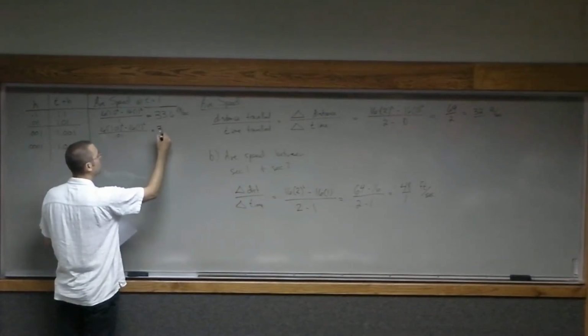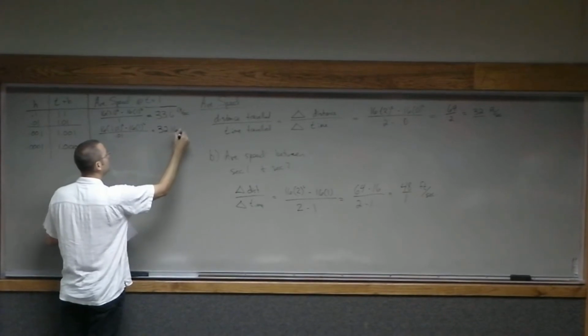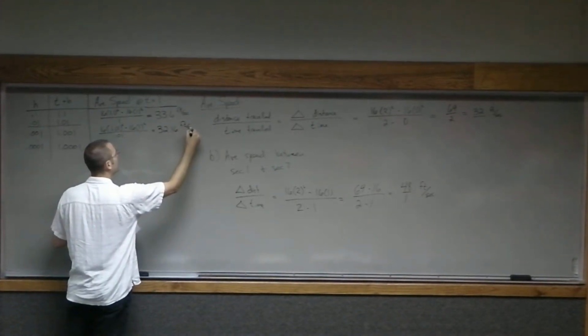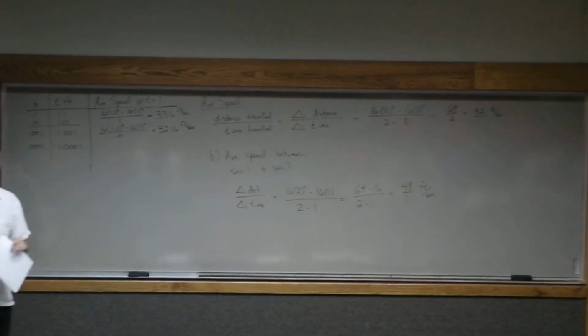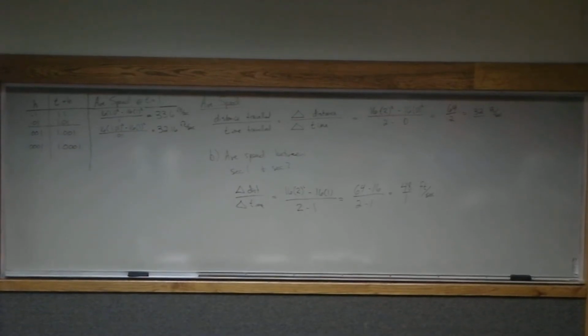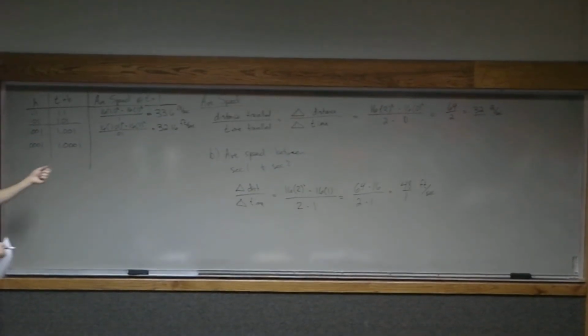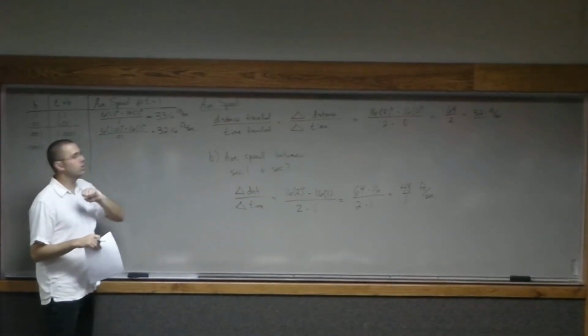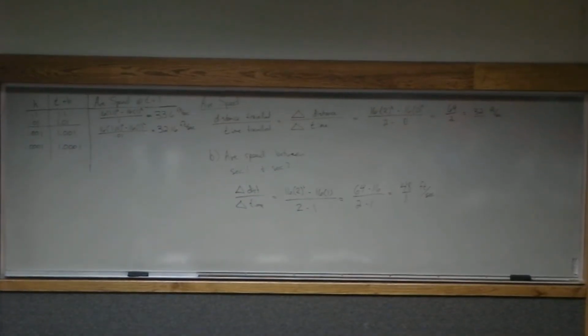We should get something like 32.16 feet per second. So in this smaller window we're looking at, it's traveling about 32.16 feet per second on average during that little 1/100th of a second. That's how fast its average speed is.